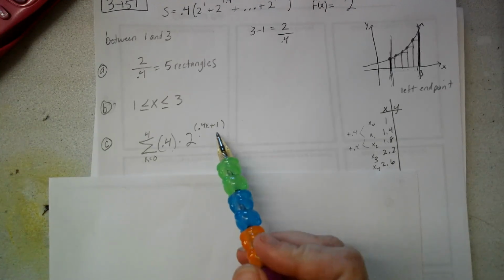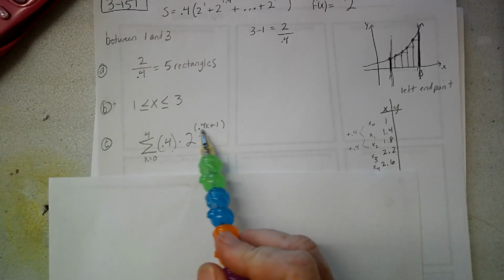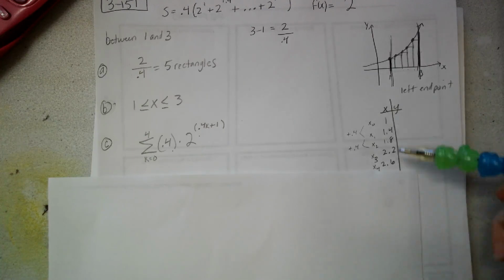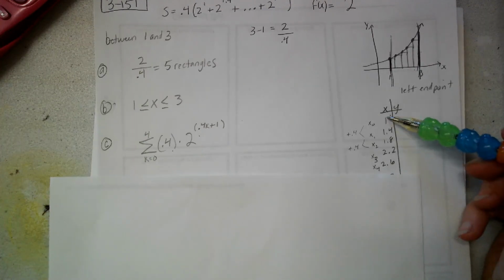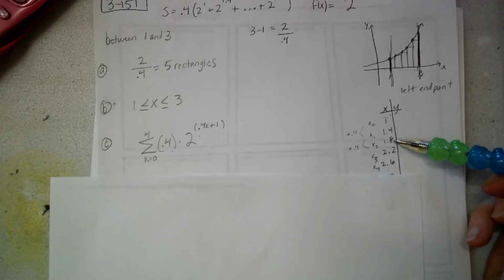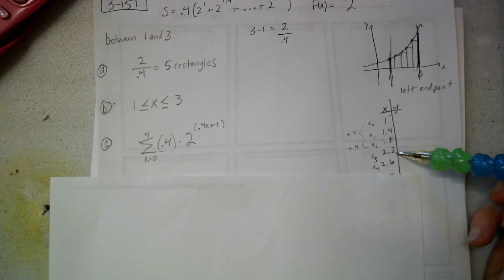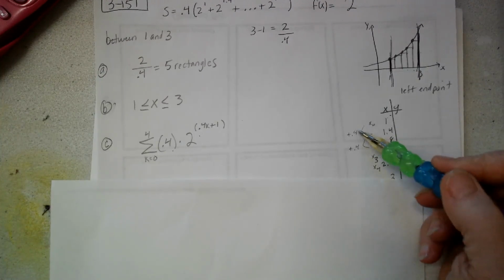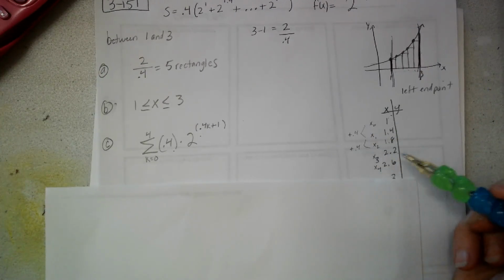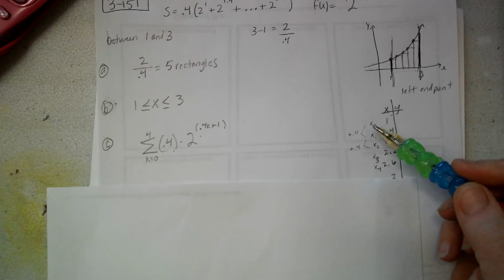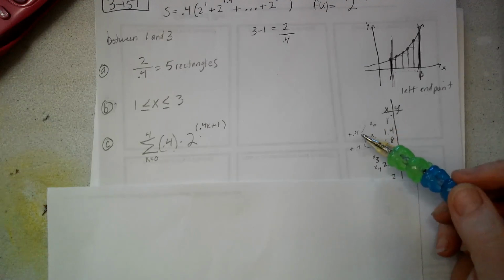So I had to come up with a linear equation to produce the 1 and the 1.4 and the 1.8. I was adding 0.4 each time, so I think of y equals mx plus b, where the slope's going to be 0.4.